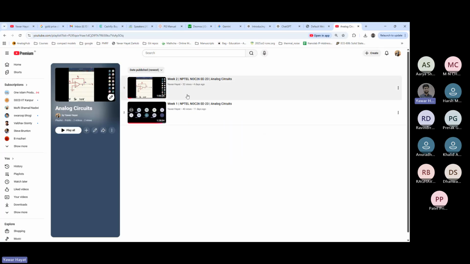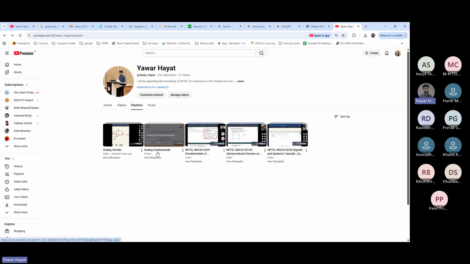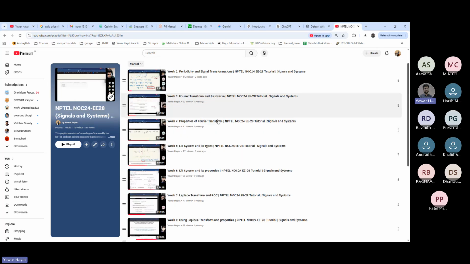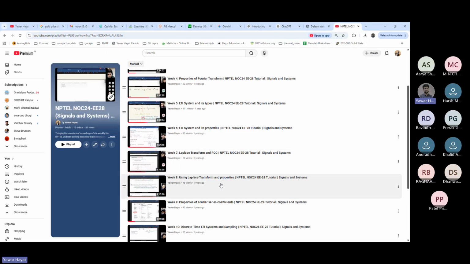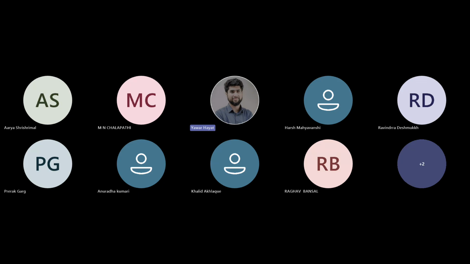Open this one, week one, week two, and I'll have week three soon. And the lecture that I was just talking about, the signal and system, is this one, week seven of this signal and system playlist. So in case anyone among you is interested, feel free to go through this. The Laplace transform and using Laplace transform and properties, these two lectures. Okay, that's it. So I'll stop sharing again. So that finishes today's lecture.